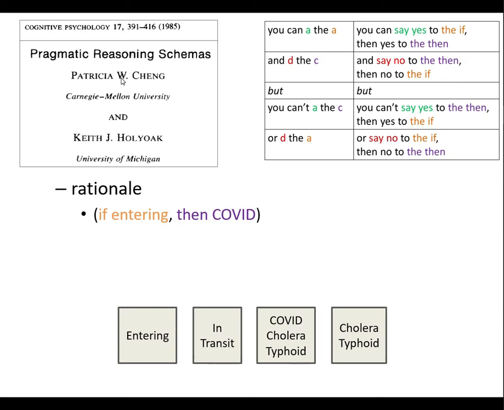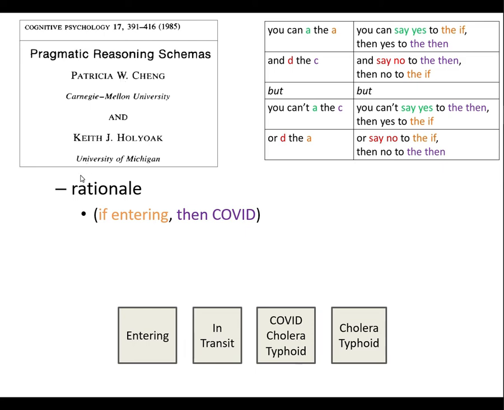The same task, same role, same stimuli, we just added why. We gave participants a rationale. Note that the original research used hepatitis, typhoid, and cholera as the then diseases. COVID wasn't there. This notion of pragmatic schemas was further distilled down into the idea of deontic selection, or permission schemas.